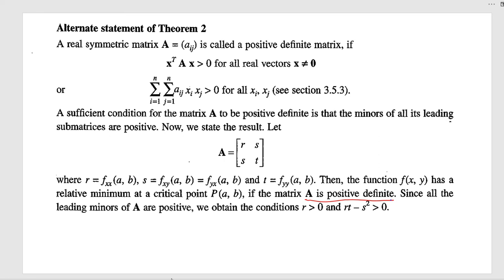So if this matrix is a positive definite matrix, positive definite means d1 greater than 0 and d2 greater than 0. Negative definite means d1 is negative and d2 is positive. So if it is positive definite, then we will have a minimum.